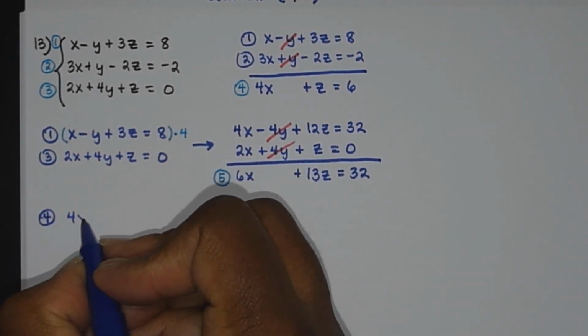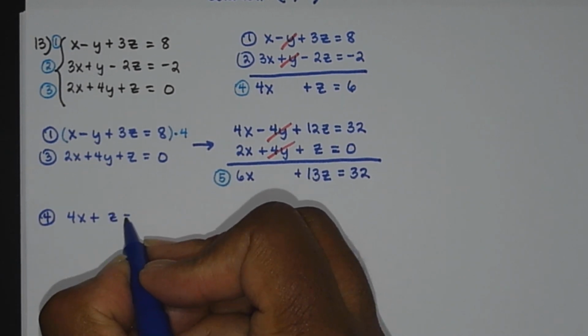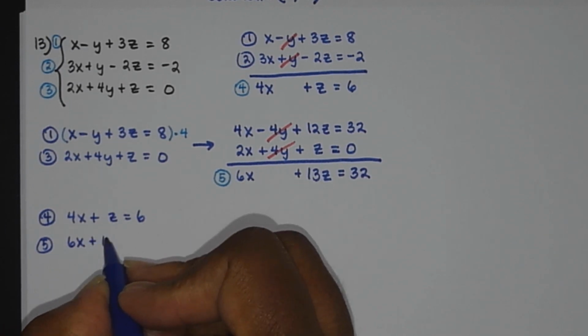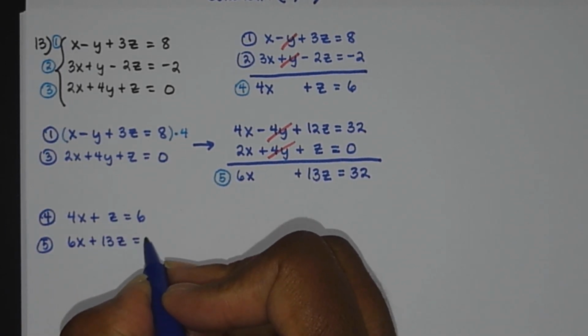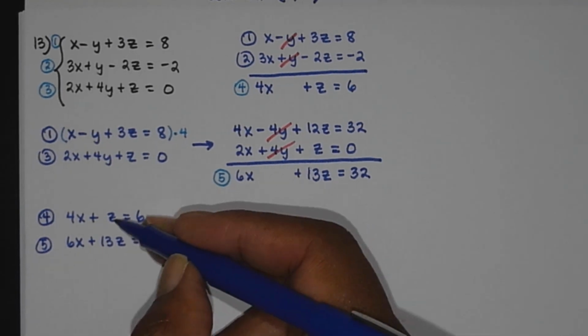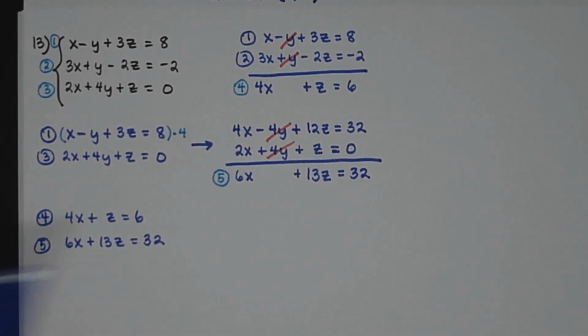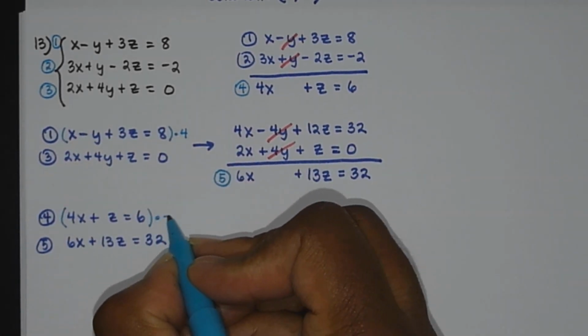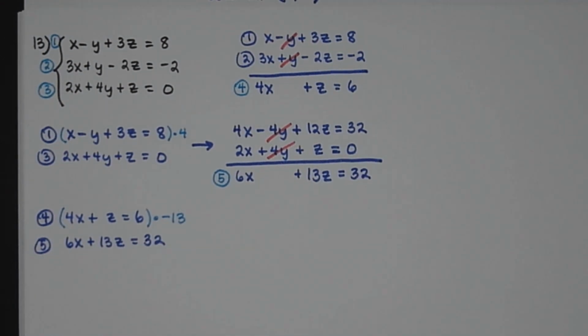So let me rewrite equation 4. 4x plus z is equal to 6. In equation 5, 6x plus 13z equals 32. Now, what variable would you like to eliminate, the x or the z? Let's eliminate the z, because I can make this z into negative 13z by multiplying by what? I have to multiply by negative 13, because they have the same sign.